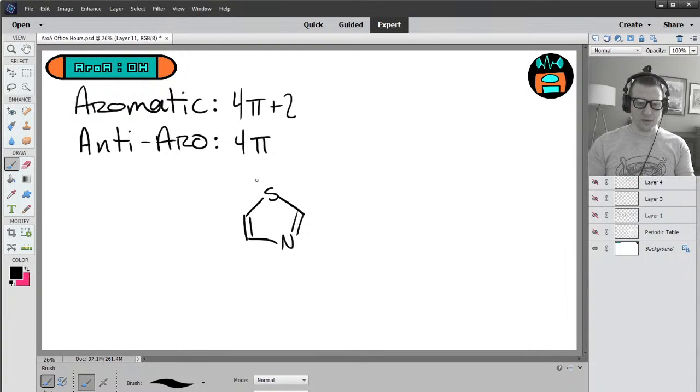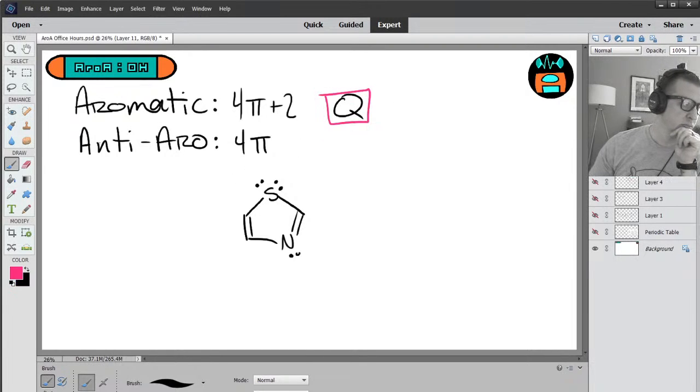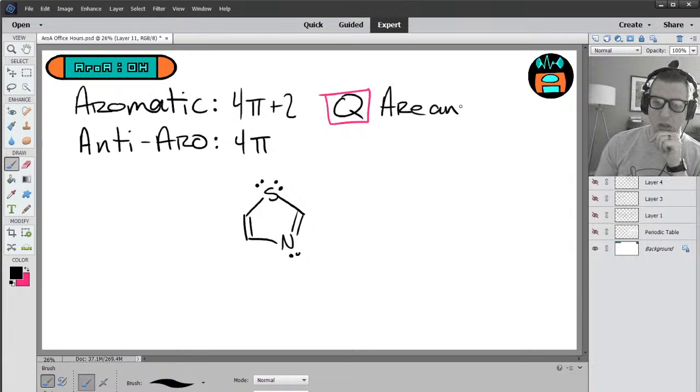And really where the question lies is we have 3 lone pairs in this molecule. And the real question, the way we're going to answer this, is are any of these lone pairs in p orbitals?